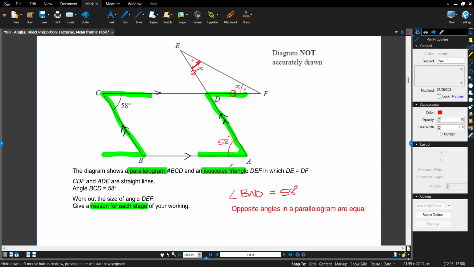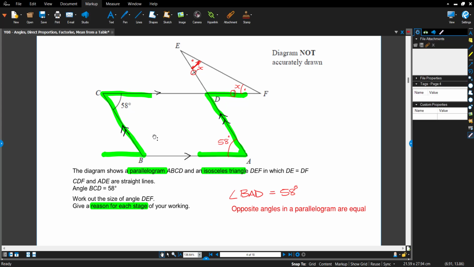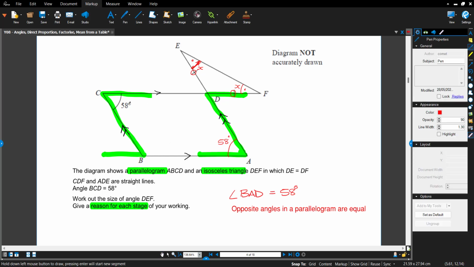Now, what's our next step? Now, there's a Z shape. So you know 58 and that, for example, are equal, right? Because they're alternate angles. But you might not have seen that. What do you know about the angles in a parallelogram? They add up to 360, right? So 58, 58, this and this add up to 360.